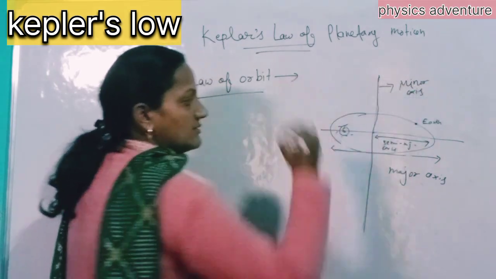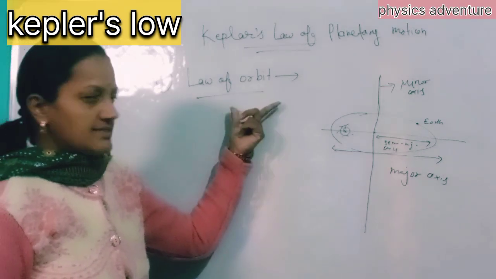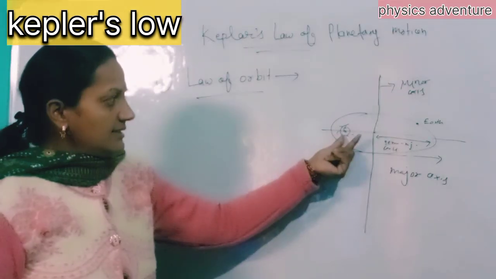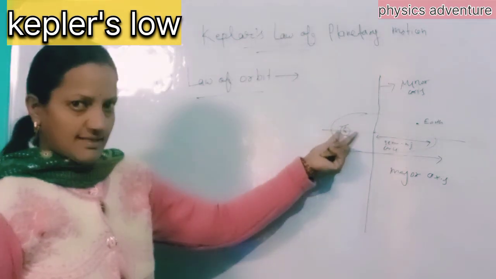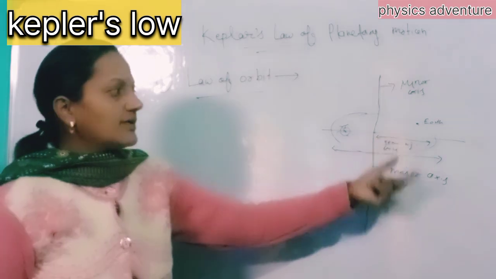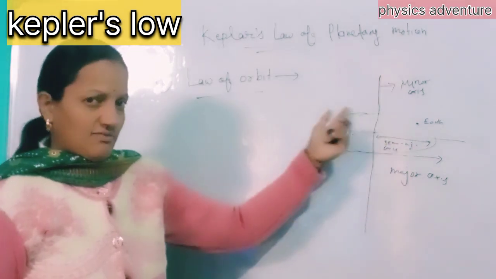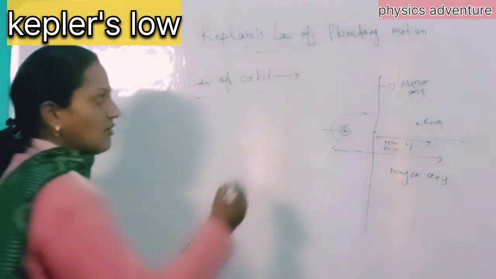So the law of orbit says that the sun is fixed at one focus, and Earth revolves around the sun, or any other planet moves around the sun in an elliptical path. This is called the law of orbit.